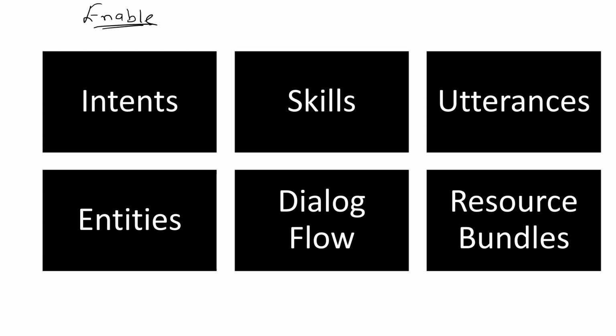The first thing is the intents part, which is the most important part. We should know what intents are, because when we enable the FA digital assistant, these terms will be common for us, and we should not get stuck and confused about what to do. So what does intent actually mean? In conversational AI, intent is seen as the intention of an end user, or the objective behind what they are asking.